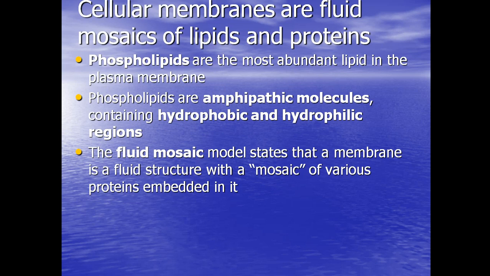Again to say, the membrane is a fluid structure because of the lateral movement of these phospholipid molecules and the proteins. It's also mosaic because various proteins are embedded and that gives the appearance of a mosaic.